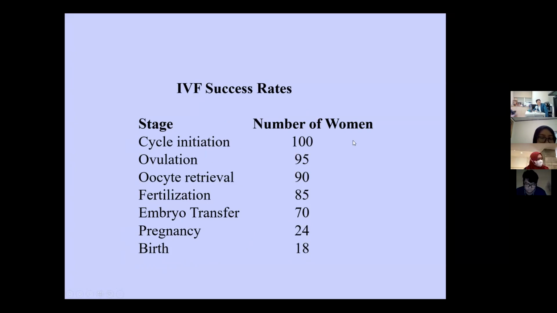If you have 100 cycles and you get wonderful ovarian stimulation, 95%, 90% you can get a mature oocyte, 85% get a fertilized egg, 70% we can do the embryo transfer. So you can see in the laboratory we can do a 70% success rate. But what happened? After embryo transfer, we get pregnancy only 24% or 25%.